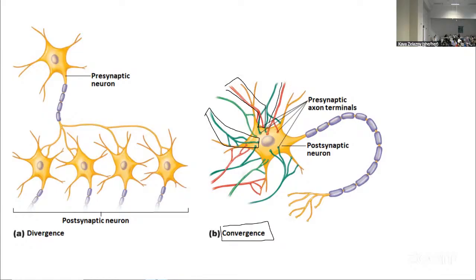And any one of these might be eliciting some excitation. We might be letting some sodium in, or we might be sending a neurotransmitter saying, hey, no, I want you to let more potassium out, or I want you to block potassium. We're going to be getting potentially conflicting signals from these different presynaptic neurons that are all converging on a single postsynaptic neuron. So that's convergence.